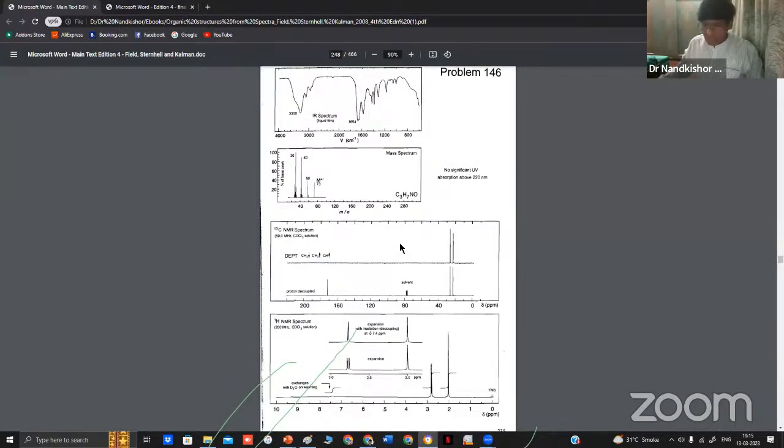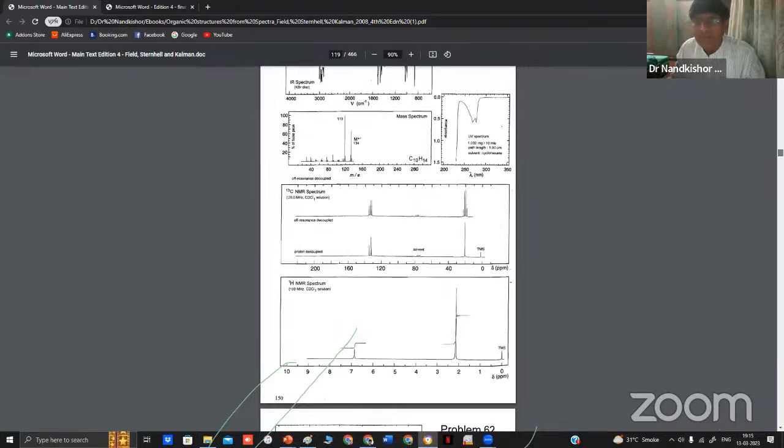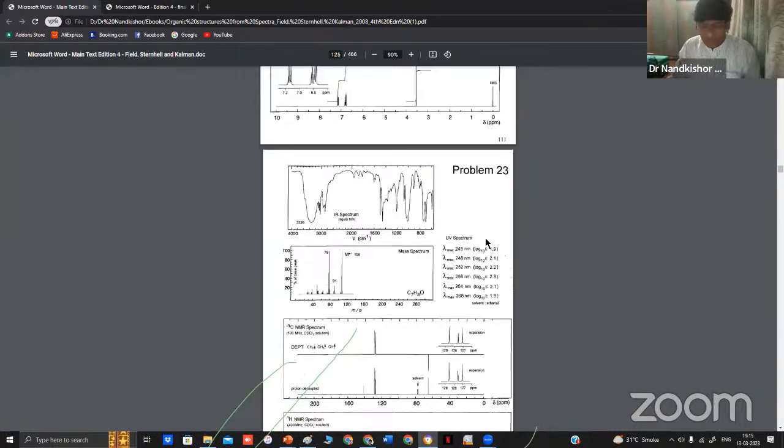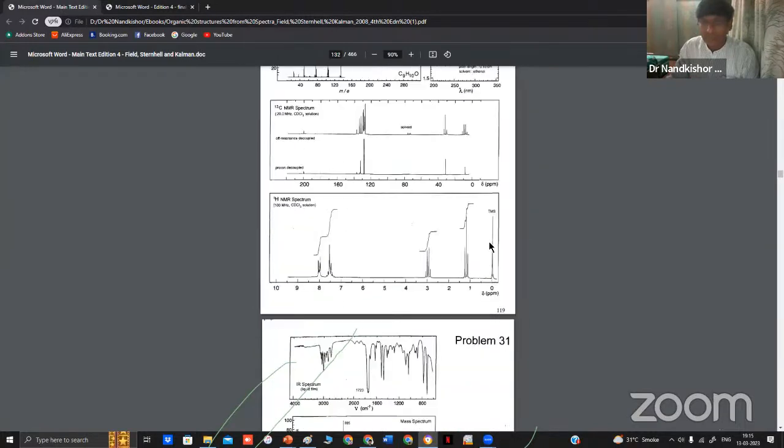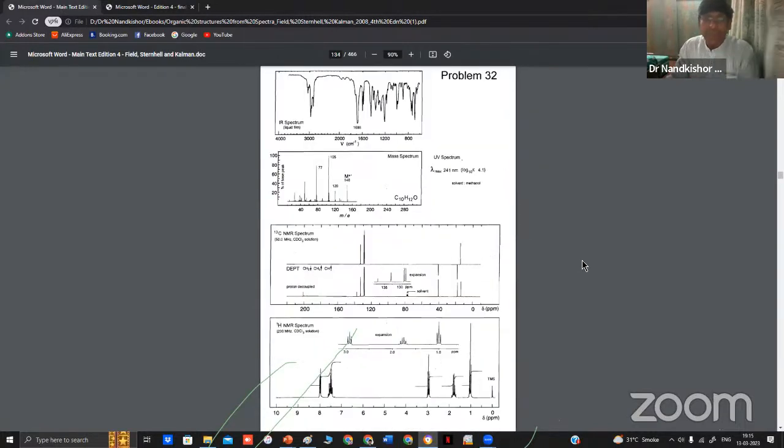Let me just focus on spectrum 32, which will be another simpler structure, but having something unique. So this structure, I will just copy this.